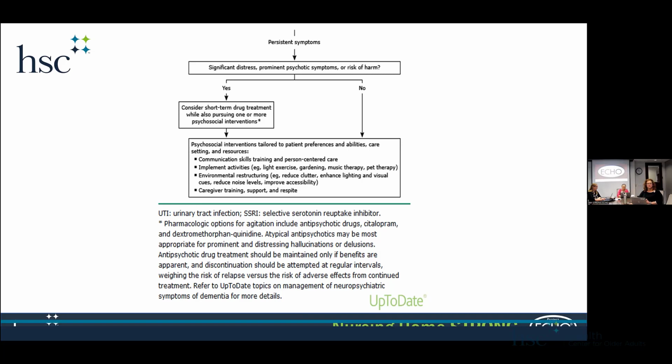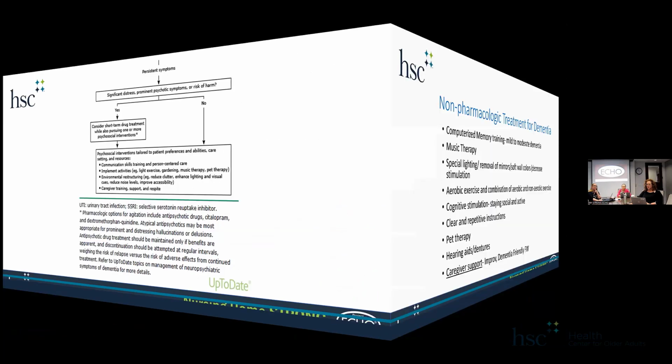Do we need to change the medication? Do we need to stop the medication and see if the symptoms are better without it? And we're also at the same time trying to use other methods to deal with the problem, any non-pharmacologic methods. So that's the short of it.